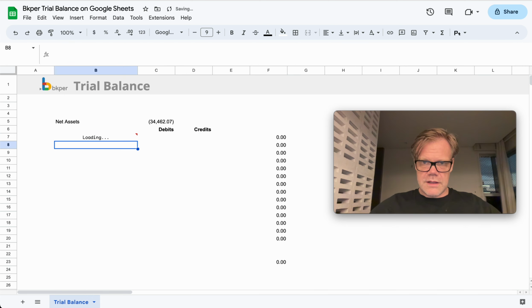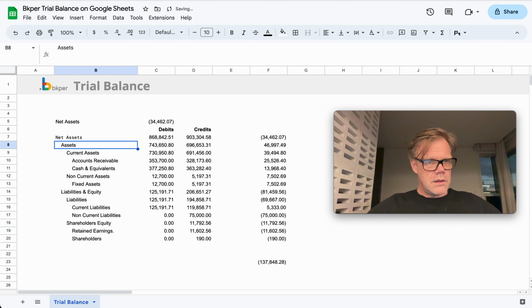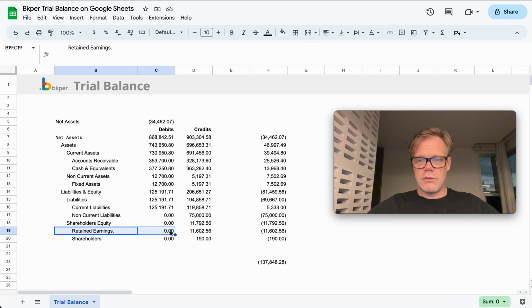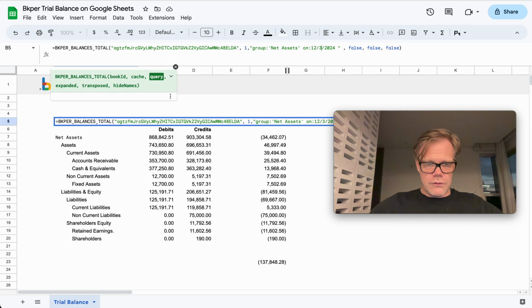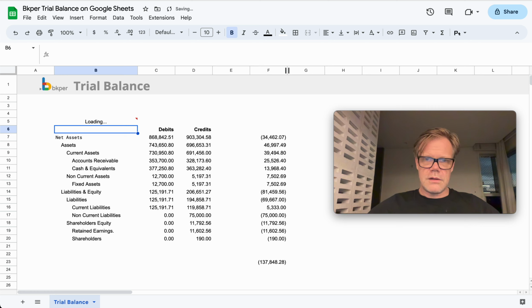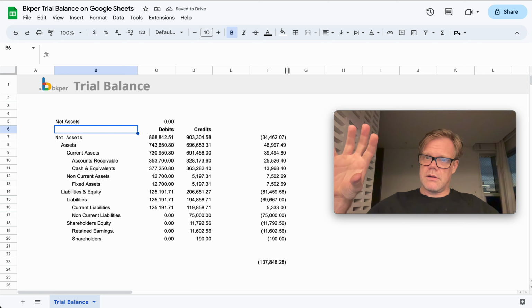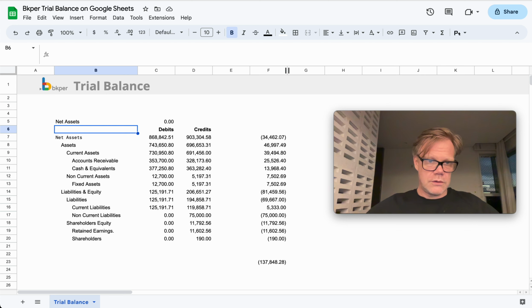When I extend this, you can see that on the 30th of December we didn't book any retained earnings yet. Okay, so let's have a look at the 31st, when we book the result from the income statement into the balance sheet.